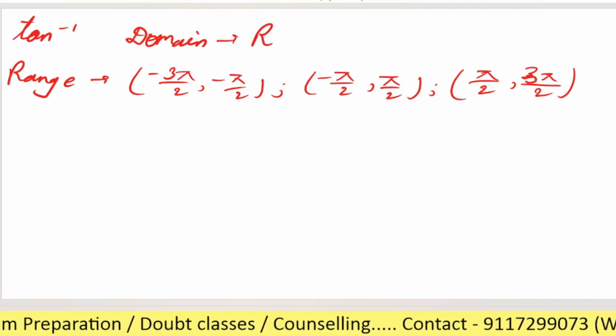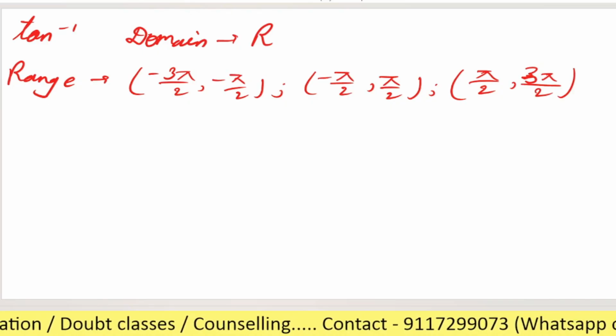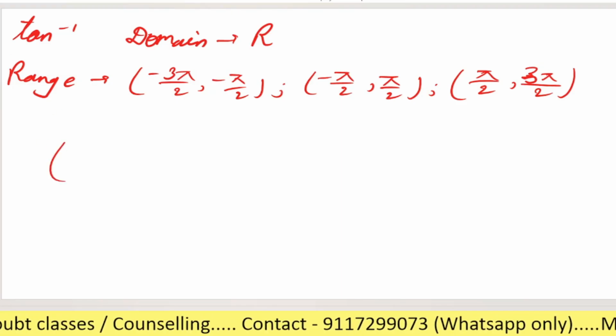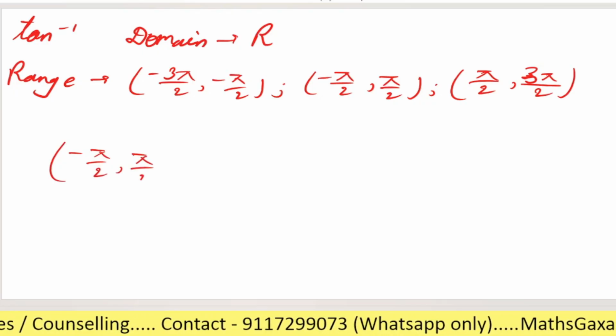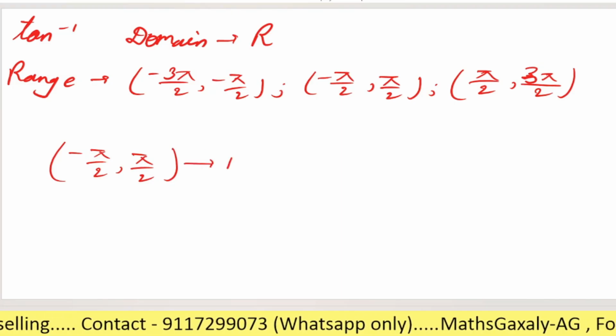These intervals give different branches of the tan inverse function, and the branch with the range minus pi by 2 to pi by 2 is called the principal value branch.